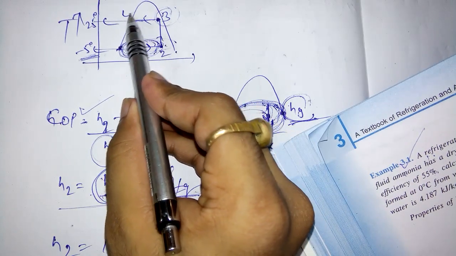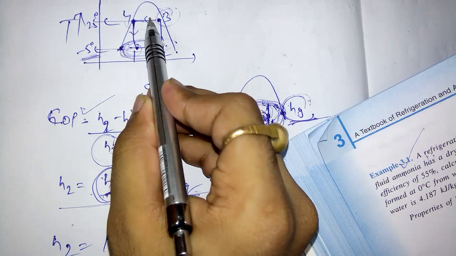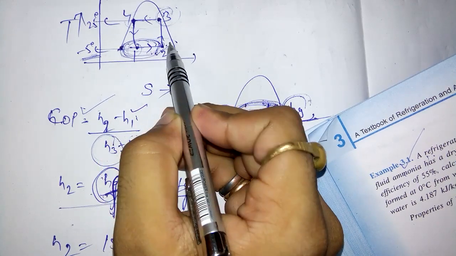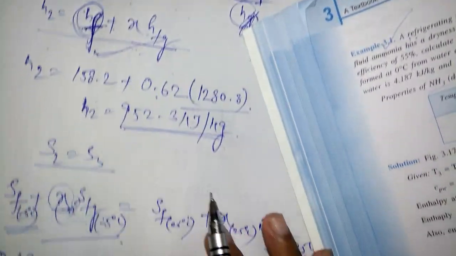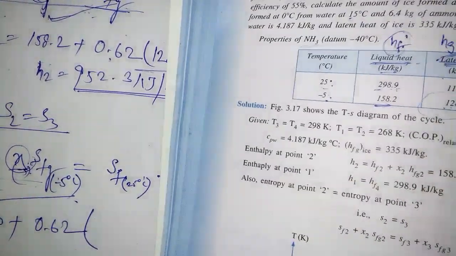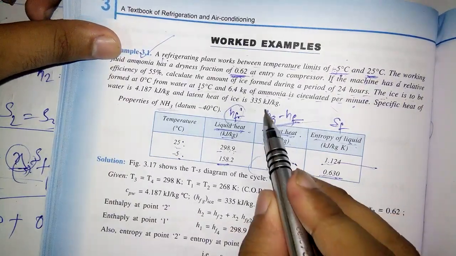But we don't know the dryness fraction in the other region. The dryness fraction here and in that region are different. For here, x is 0.62. And Sfg is Sg minus Sf.